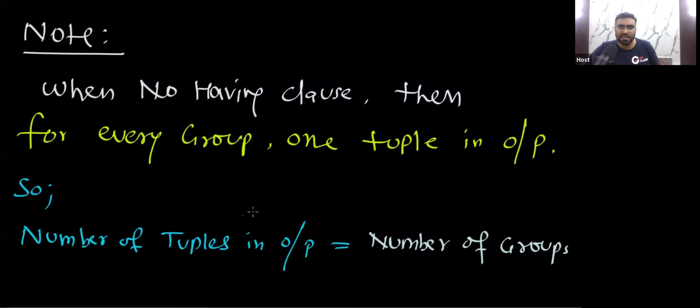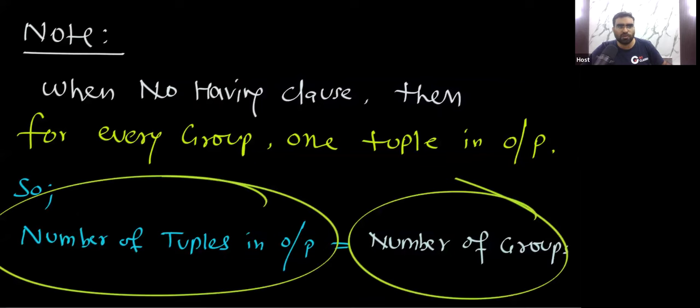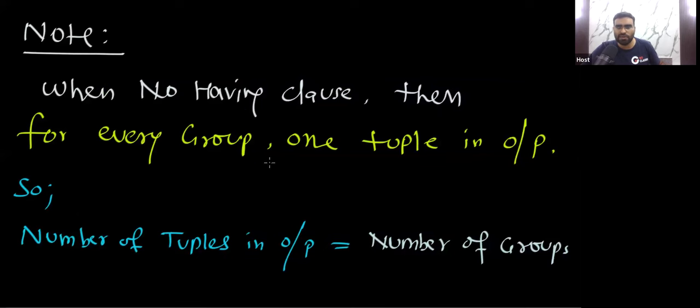This is the result: the number of tuples in the output is equal to the number of groups when there is no having clause. When there is no having clause, for every group there is one tuple in the output. And there is a note here: before creating groups, apply the where clause.